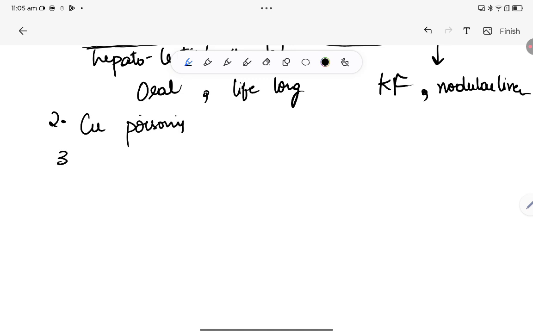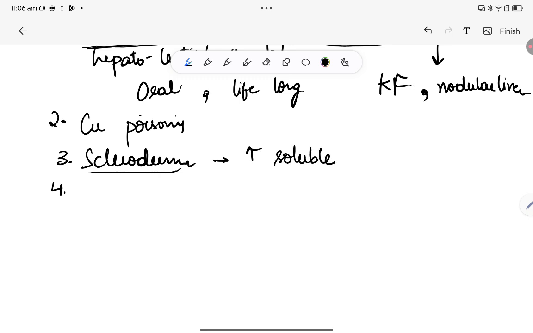This can also be used in many other diseases, but scleroderma is one such condition where D-penicillamine can be used, by increasing the soluble collagen. With respect to other indications, cystine stones of kidney are also treated by D-penicillamine.